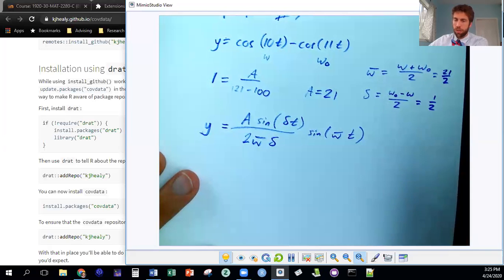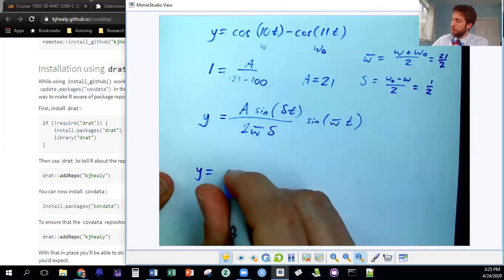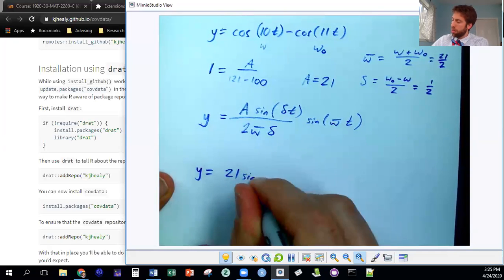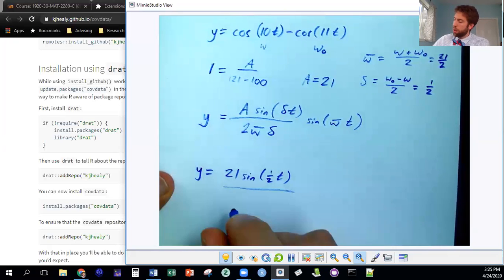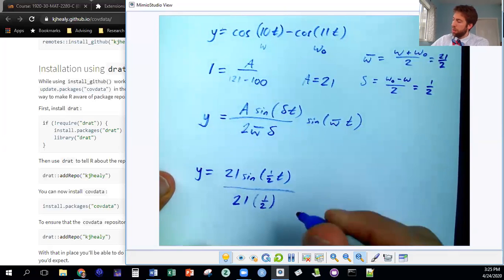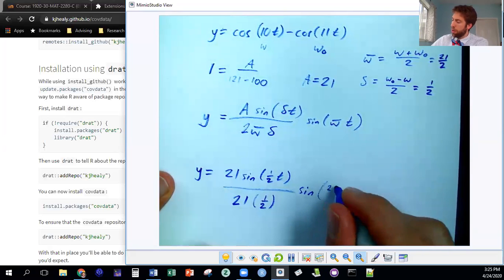So then y equals 21 times sine of 1/2 t, over 2 times 20 over 2, so 21 times 1/2, times sine of 21 over 2 t.